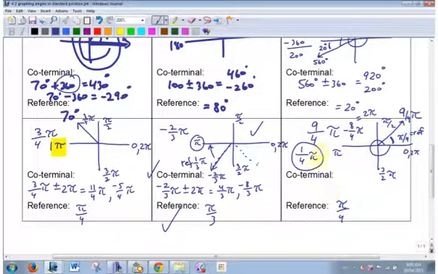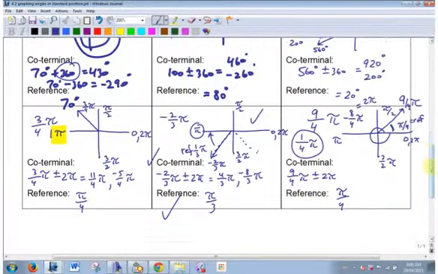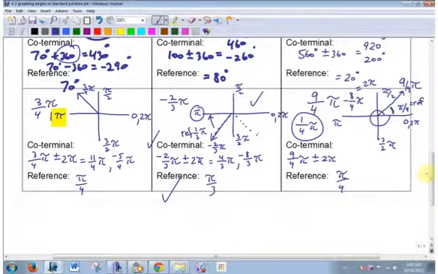Okay. So what's coterminal? What's 9/4 pi? Let's just add plus or minus 2 pi. There's infinitely many choices, but let's just be, what's the word? Nice. Okay. 9/4, I want to add 8/4, sorry, got dyslexic.